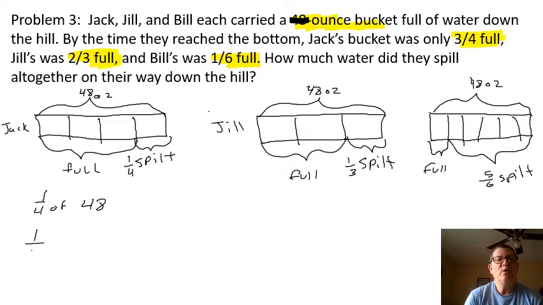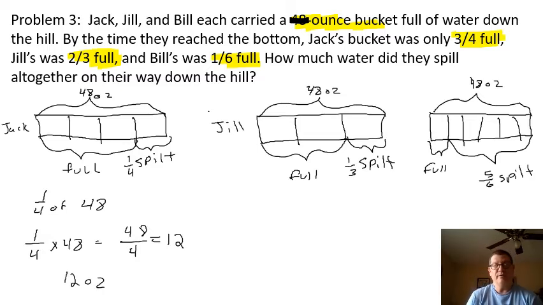So 1/4 times 48 would equal 48 over 4. And I know that 48 divided by 4 is going to give me 12. So he had 12 ounces left. Well, actually, that's what he spilled. He spilled 12 ounces. I noticed that we went to seeing what was spilled because that's what's being asked.